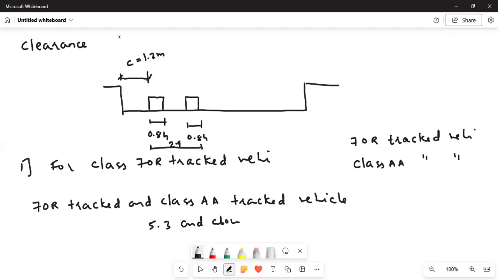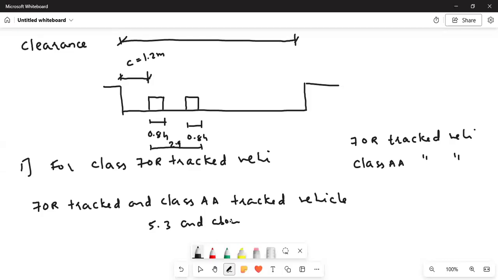I told you what is carriageway. When the width of the carriageway is 5.3 and above, then and only then you can put 70R loading and class AA tracked vehicle loading. If the carriageway width is less than 5.3, then tracked vehicle is not applicable. You cannot put tracked vehicle load on the bridge.